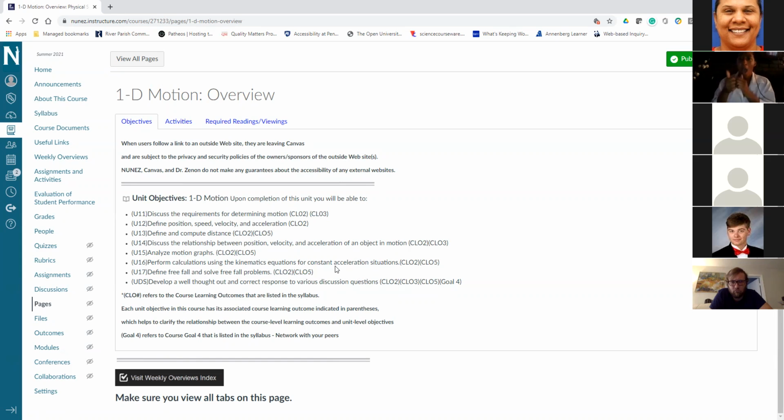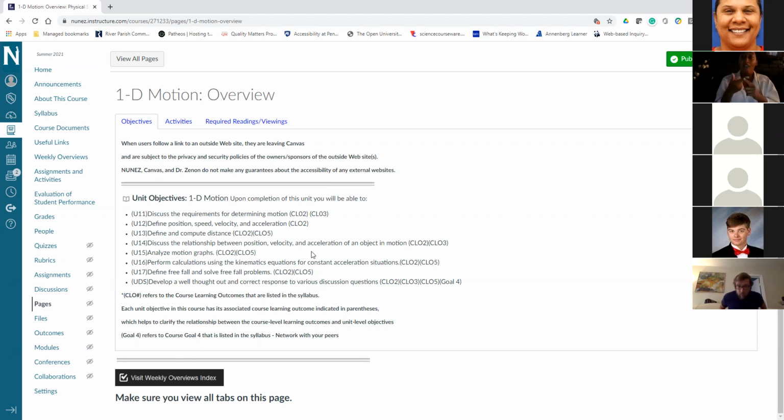So we're going to be utilizing the kinematic equations, and I'll explain what all that is when we get to it, but you'll be utilizing them to do some simple kinds of calculations. Then we'll look at this idea of free fall, and you'll be solving free fall problems. Okay, so those are the kinds of things you want to be able to deal with from this topic of 1D motion.